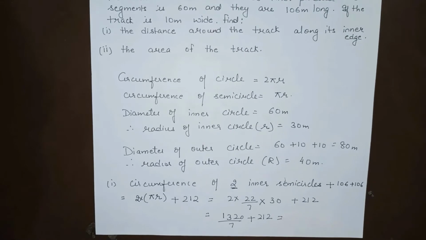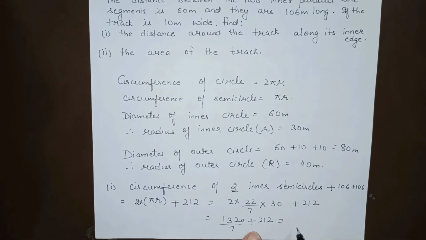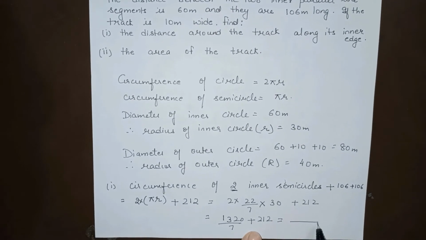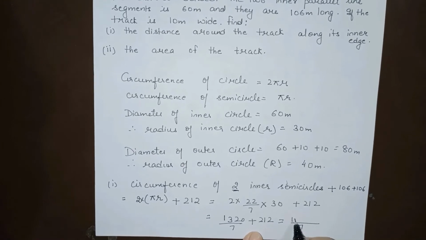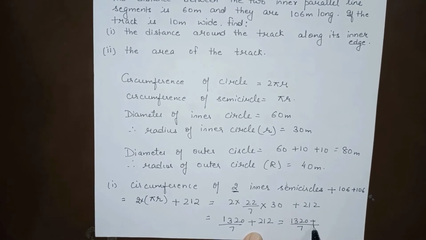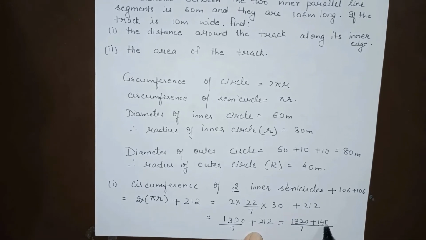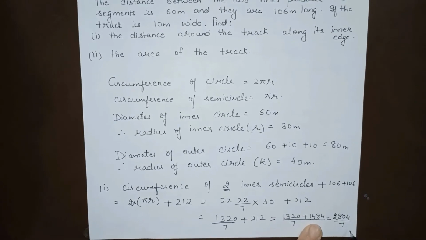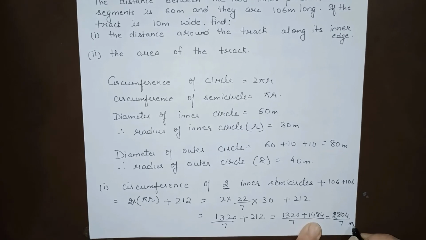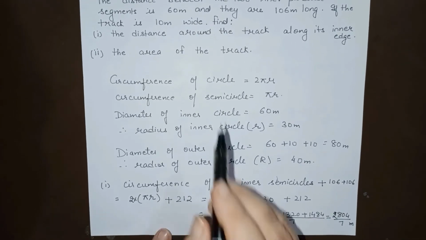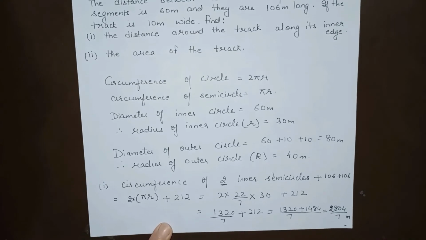When we solve it by taking LCM, 7 is the LCM, 1320 plus 1484, that is 2804 by 7 meters. So this will be the answer for the first part.